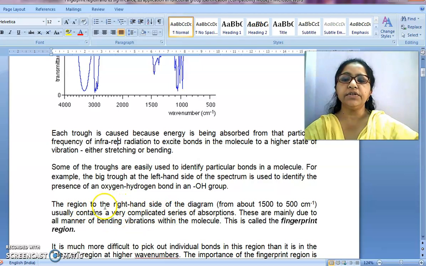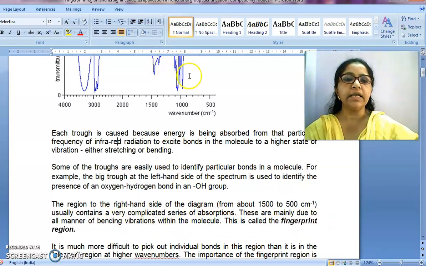the molecule. The region on the right-hand side of the diagram, that is from about 1500 to 500 centimeter inverse, usually contains a very complicated series of absorptions. These are mainly due to all manners of bending vibration within the molecule.